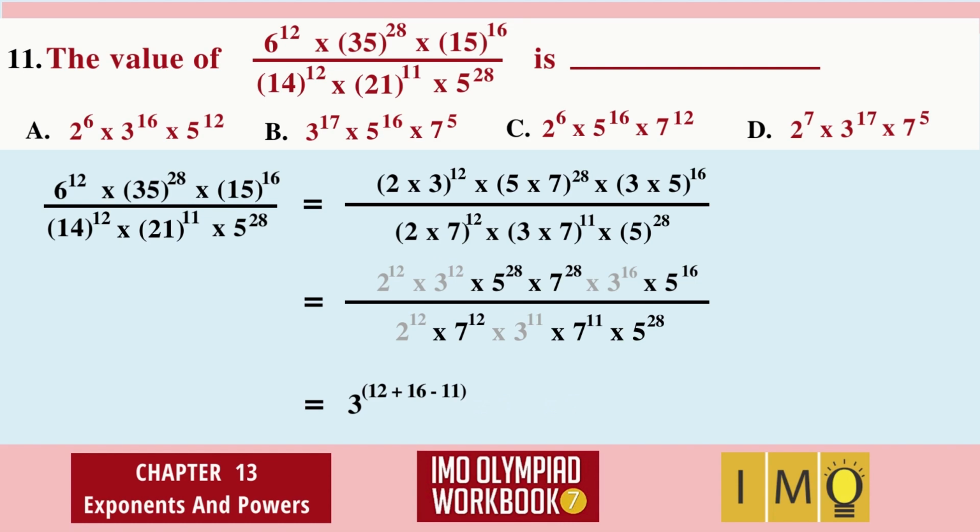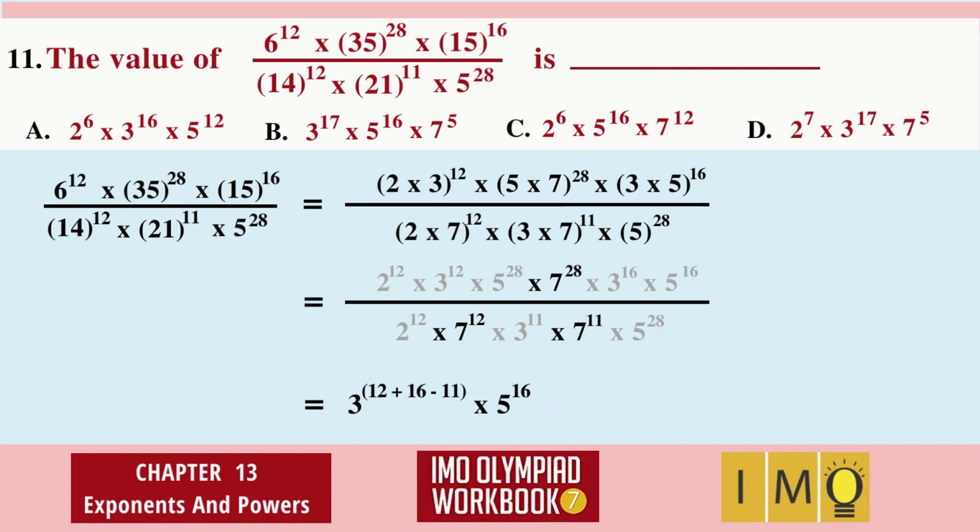Next, let's group the terms with a base 5. 5 to the power of 28 in the numerator and 5 to the power of 28 in the denominator will get cancelled. So we are left with 5 to the power of 16.